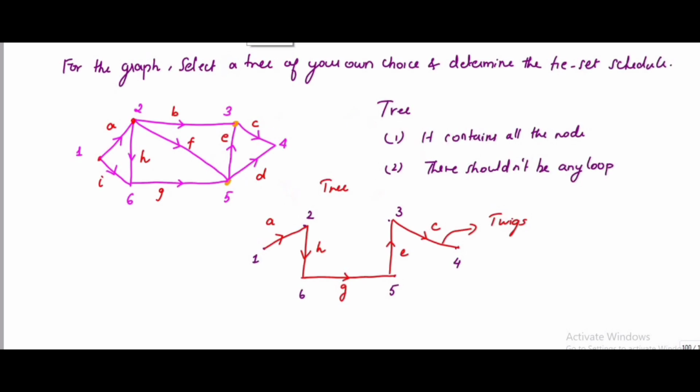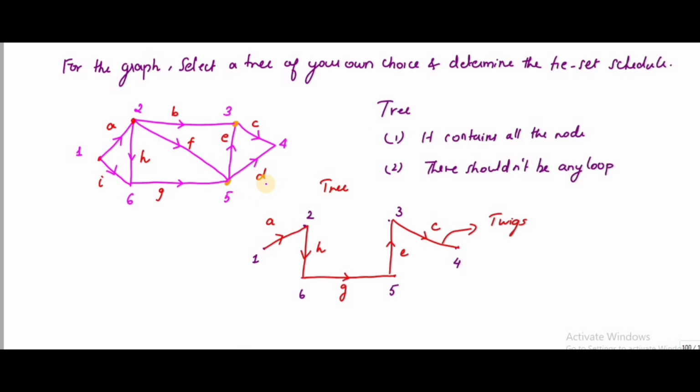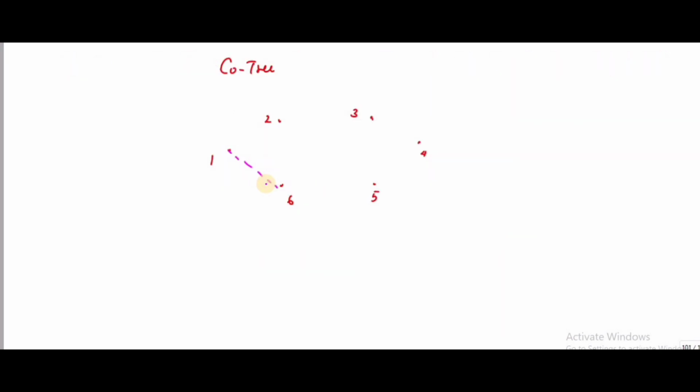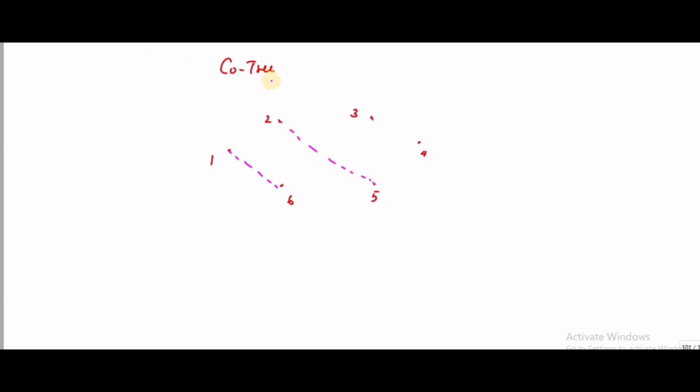So we see here 1 and 6 are not connected. Next, 2 and 5 are not connected, and 5 and 4, and 2 and 3.